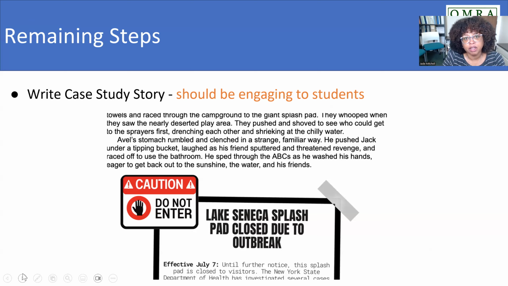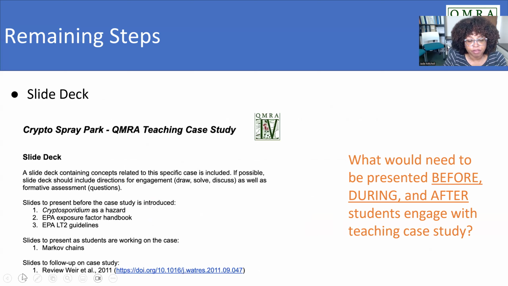There was a sign posted to close the splash pad after the investigation, and we need to figure out what the next steps are in terms of reopening the splash pad, or what changes need to be done in order to do that.